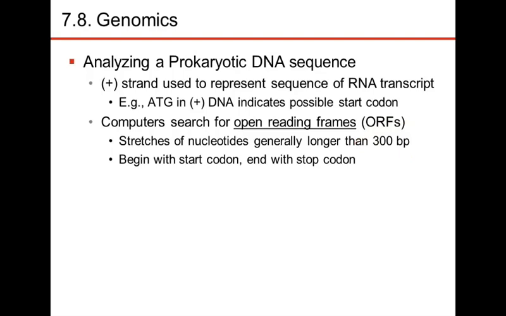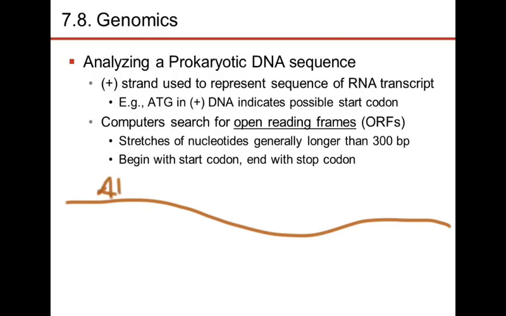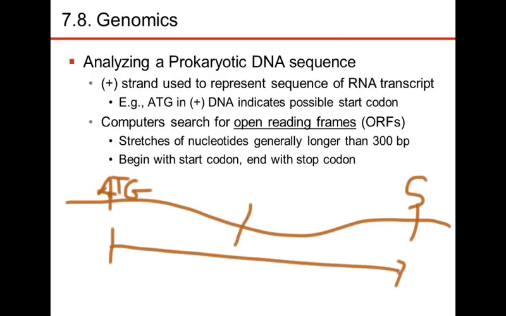So you guys are inquisitive, so I know you're going to ask, why do you call it an open reading frame? You're looking on the DNA, and you're reading the DNA, and over here you see an ATG, and down here you see a stop codon. The reason we call it an open reading frame is because this stretch between here and here has no other stop codons in the middle. If there's a bunch of stop codons in the middle, then that's not an open reading frame.